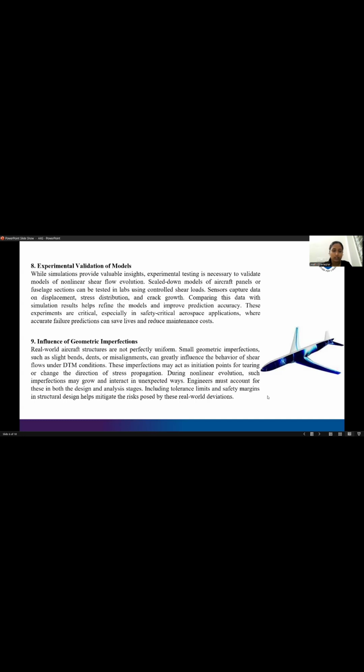During nonlinear evolution, such imperfections may grow and interact in an unexpected way. Engineers must account for this in both design and analysis stages, and including tolerance limits and safety margins in structural design helps mitigate the risk posed by these real-world deviations.